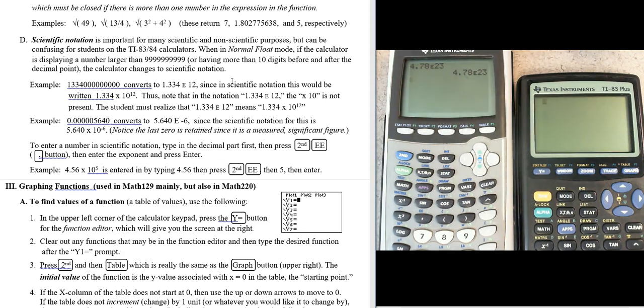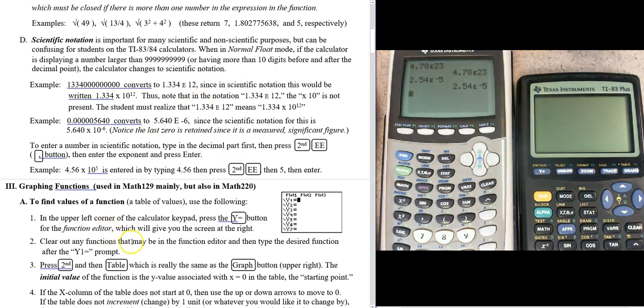All right, that's a very large number. I can also do a negative exponent like 2.544 and then second EE and then to the negative 5th power, for example. So I can put in small or large scientific notation numbers.